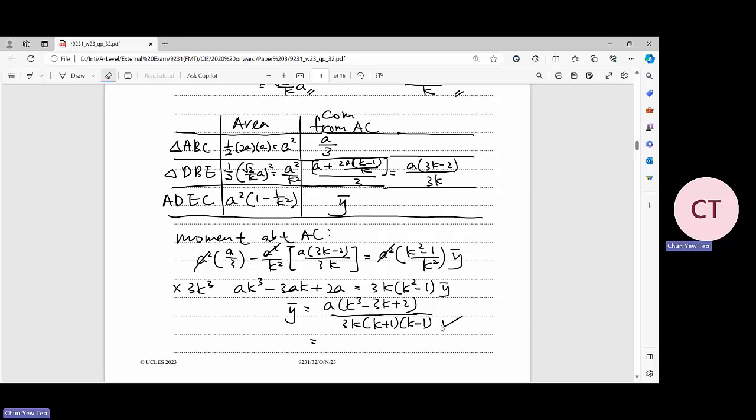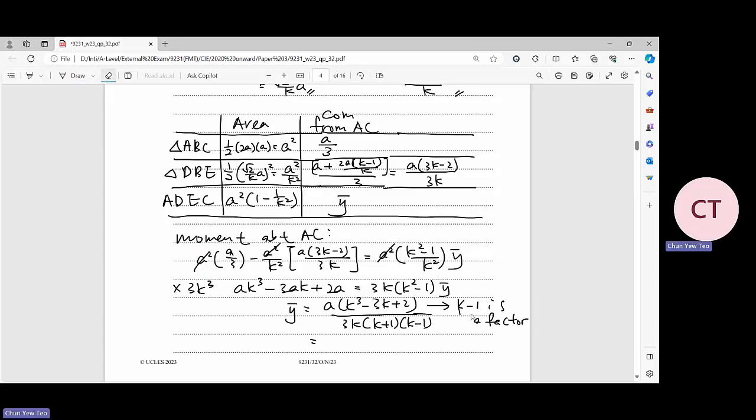However, if you are aware that the numerator part can be factorized further, because K equal to 1 is a root, that means K minus 1 is a factor.